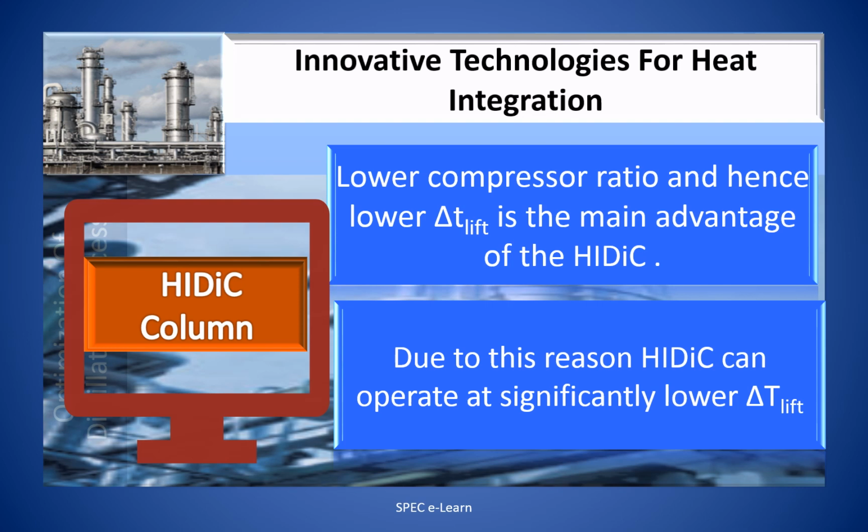Due to this reason, HIDiC can operate at significantly lower delta T lift. Some recent studies have indicated delta T lift of 6.5 degrees centigrade is achievable for propylene-propane separation system compared to the MVR heat pump.